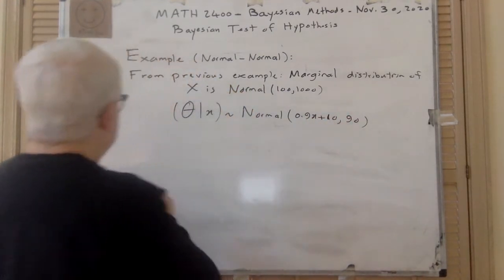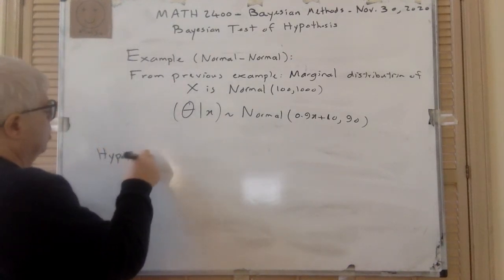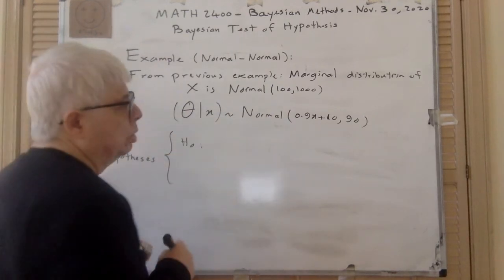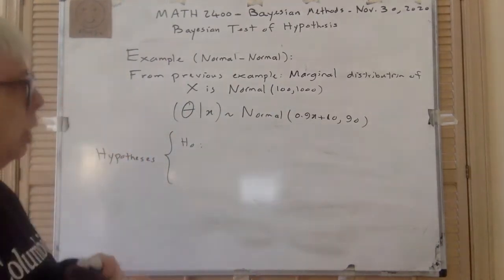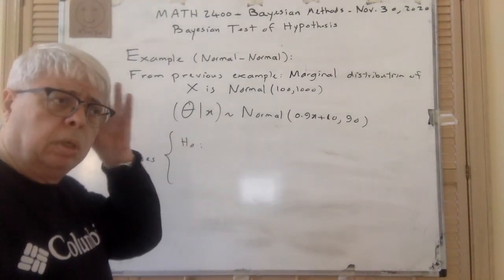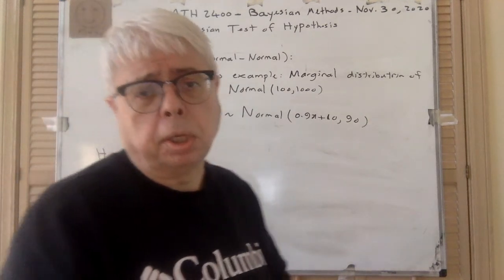Okay, now the hypothesis. Well, the hypothesis is this. You check your blood sugar and you see that it is like 110.